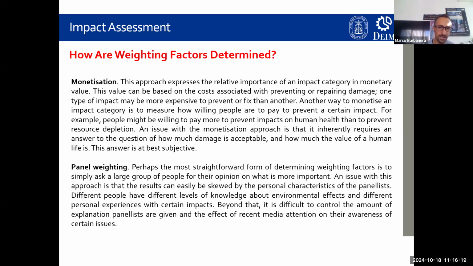In fact, the idea is to convert each normalized result, to convert each environmental impact into an economic value.